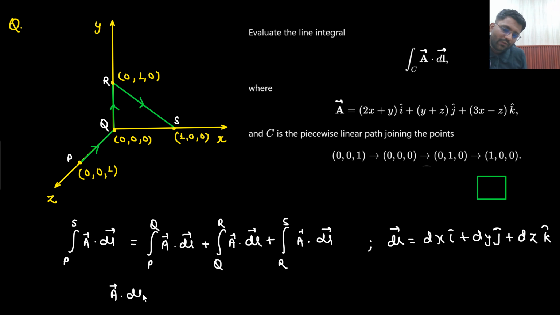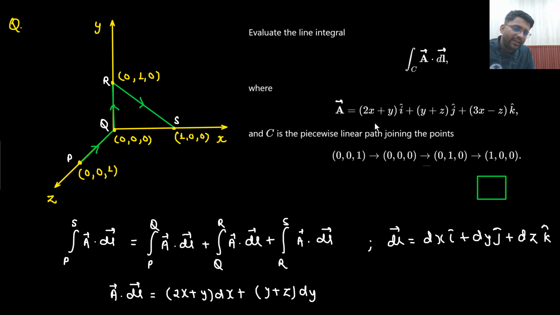So your A dot dl would be (2x plus y) dx plus (y plus z) dy plus (3x minus z) dz. Simply A dot dl you need to do, i cap multiplied with i cap and so on. So basically you are supposed to calculate this integral. That's it.